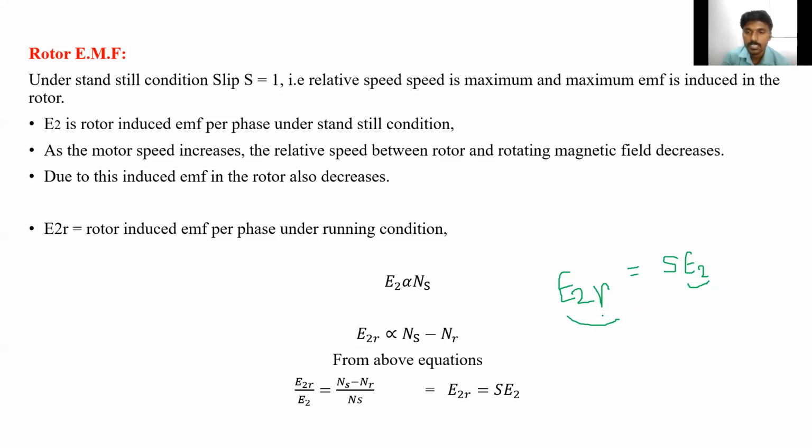Clear? So same as the previous equation, we can write E2R is equal to S into E2. The induced EMF of the rotor circuit is equal to slip times the rotor EMF for the standstill condition.